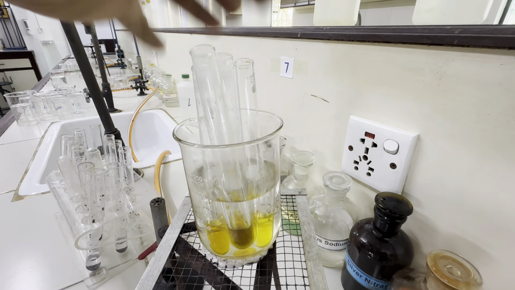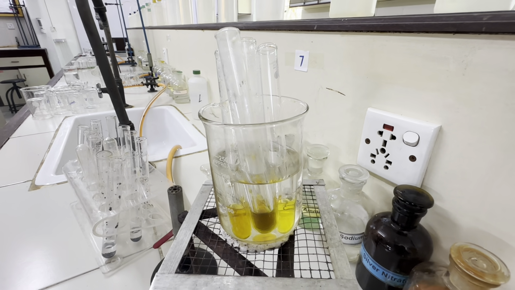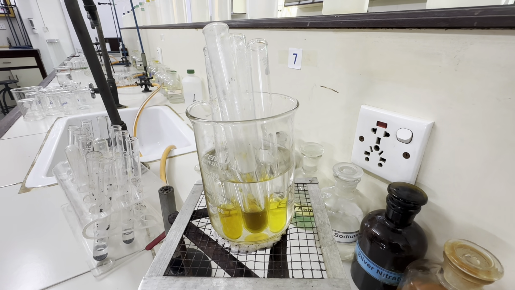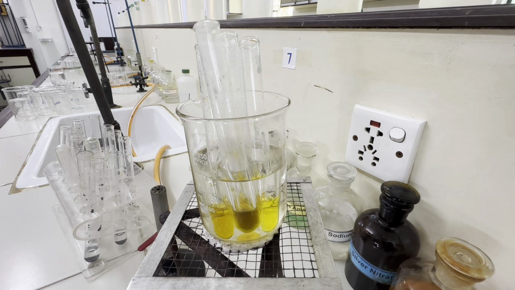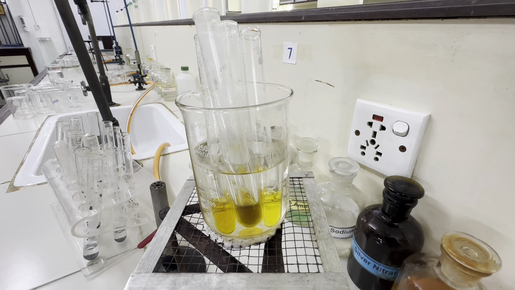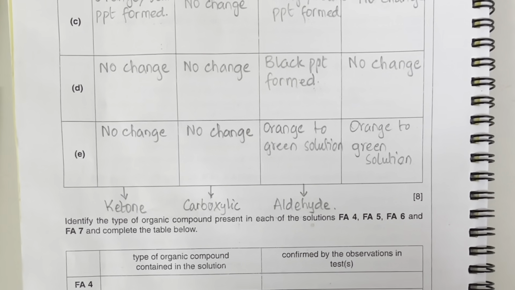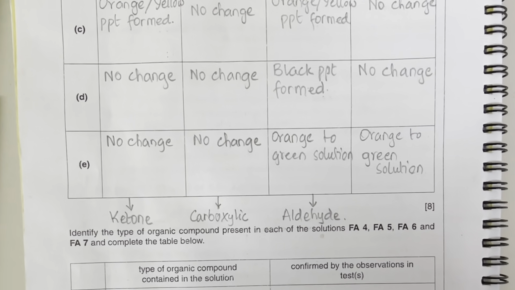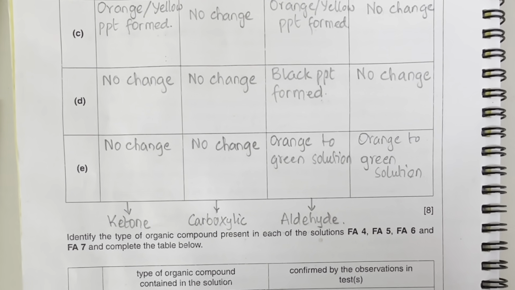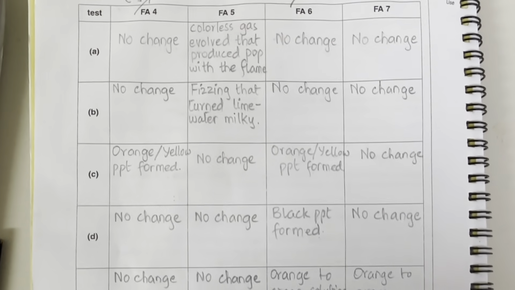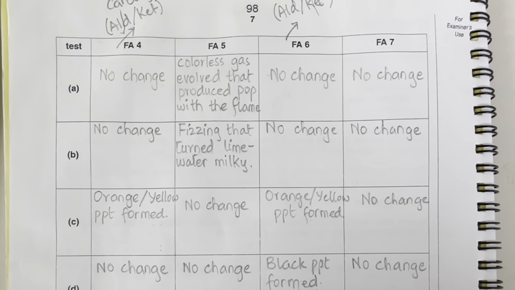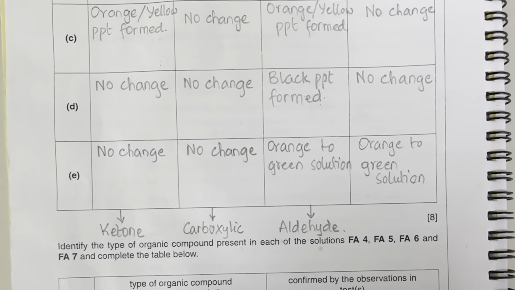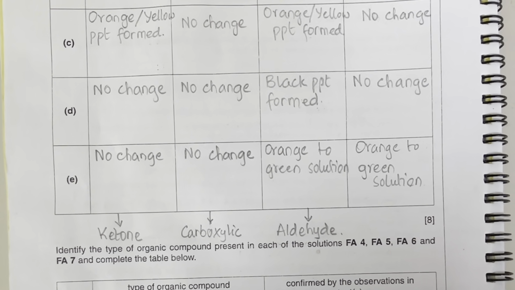It means these two, 6 and 7, are aldehyde and alcohol because both these groups can be oxidized. So we have recorded the test E observation, which shows the aldehyde, which was FA6, was oxidized and FA7 was also oxidized. It means FA7 is our alcohol.